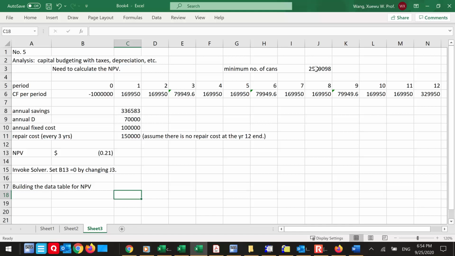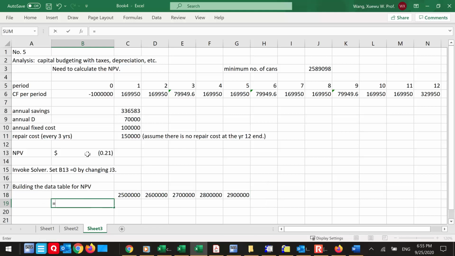I know the answer is going to be this number here, so how about we just go from 2.5 million, to let's say 2.6 million, 2.5 plus 100,000. So that's 2.6 and 2.7, 2.8, 2.9. These are the hypothetical cases for the number of cans.